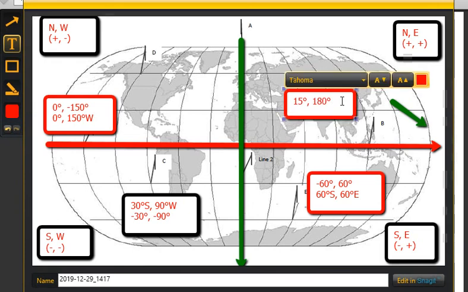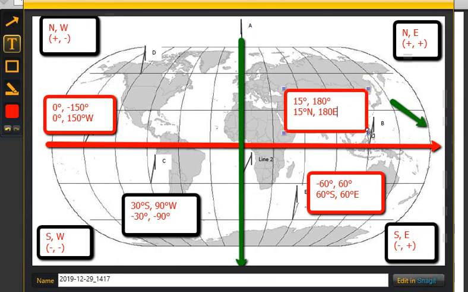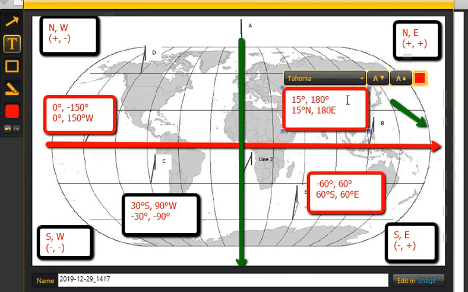Or you could write it using the number 15 north, 180 east. If you reverse these, it's an incorrect location. So you have to make sure that you indicate the latitude first and then the longitude.